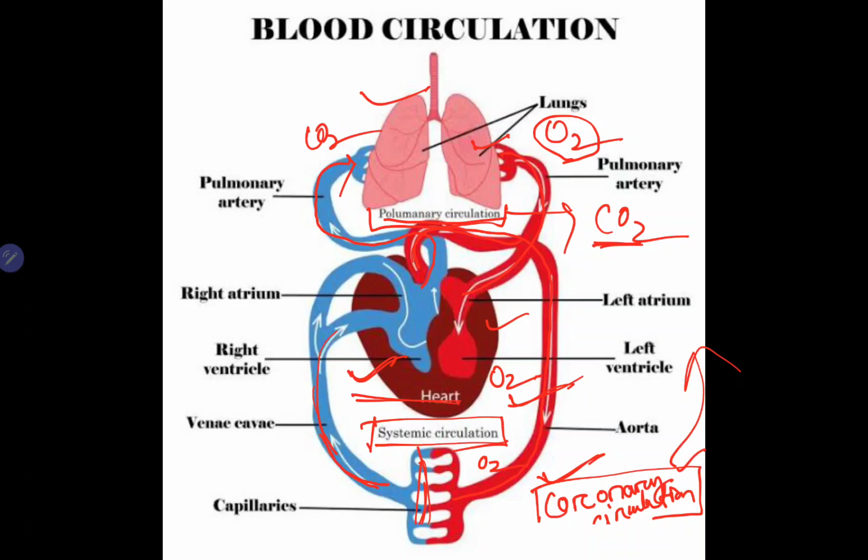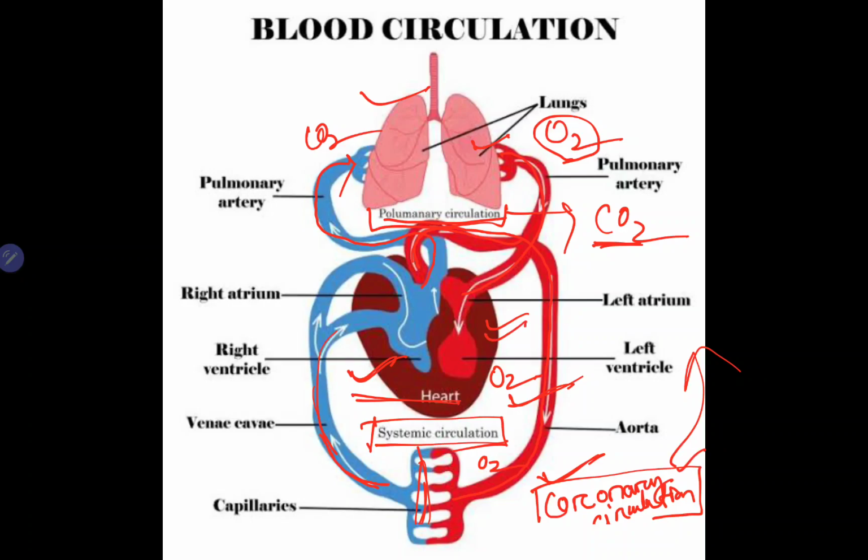It means this circulation involves giving oxygenated blood and receiving deoxygenated blood inside the heart itself. If the heart needs oxygenated blood, it is given only through the coronary circulation.